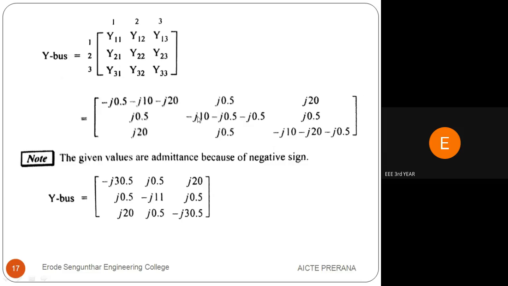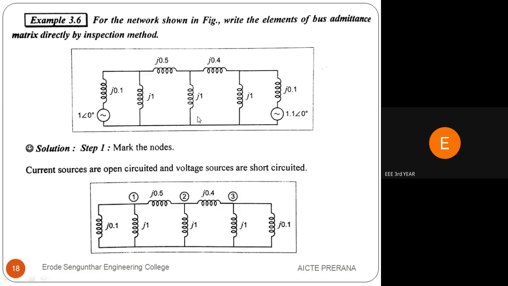And y22. Again go to y22. In y22, how many elements are connected? In the second node, totally 1, 2, 3, three elements are connected. So these three elements should be added.